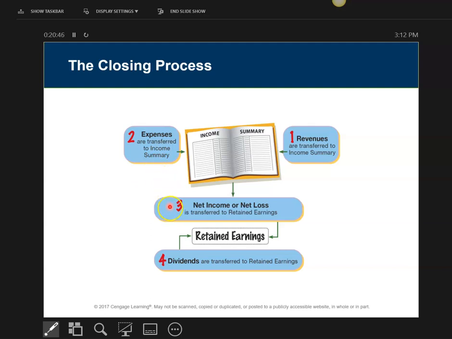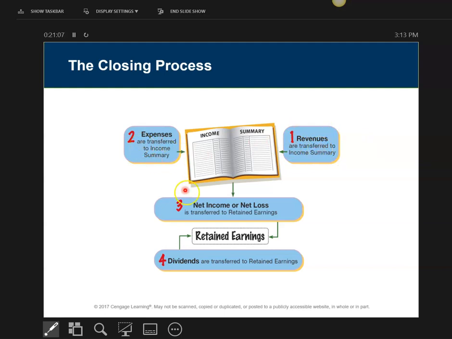So step number 3 is to close income summary. The problem is this, you don't know what's in it, so you have to balance the income summary account first. Listen, guys, the word income summary is what? A summary of your income. It's nothing more than your revenues and your expenses.